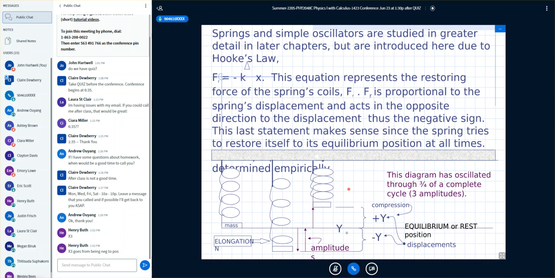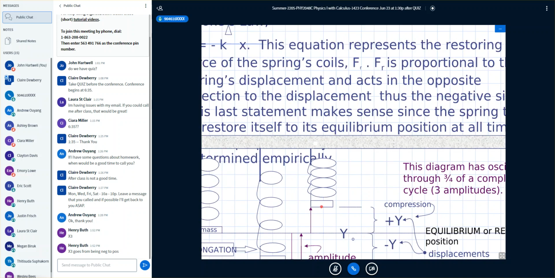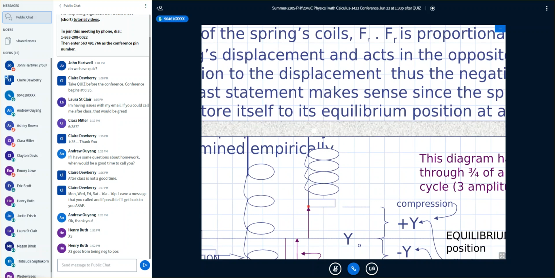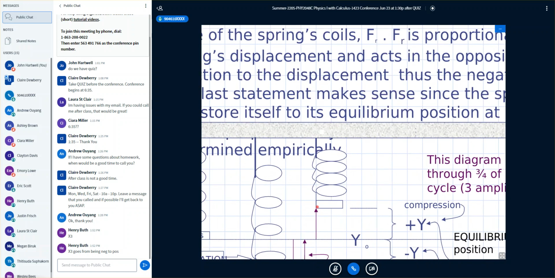I have illustrated some of the discussion in Chapter 15, hopefully to kind of get you to realize what's happening here. To the far left here, I have 4 loops of a spring that I have placed a mass on. If this spring were not elongated, in other words, if I had a platform that I put the mass on, let me just kind of pull this in here a little bit like this.